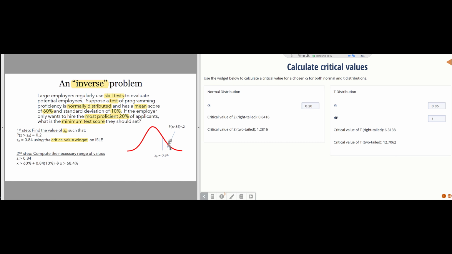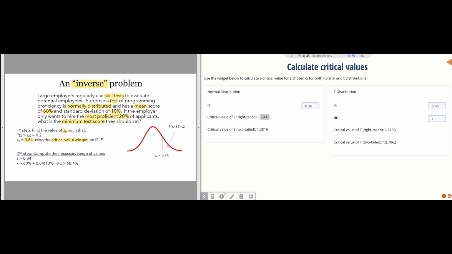We are looking for the top part of this distribution. This is a right-tailed test as opposed to a two-tailed test. And we're being told here that the z-score that will be the lower end of that top 20% is 0.8416, or just 0.84. All right, so we figure out that this z-score of 0.84 is our critical value.